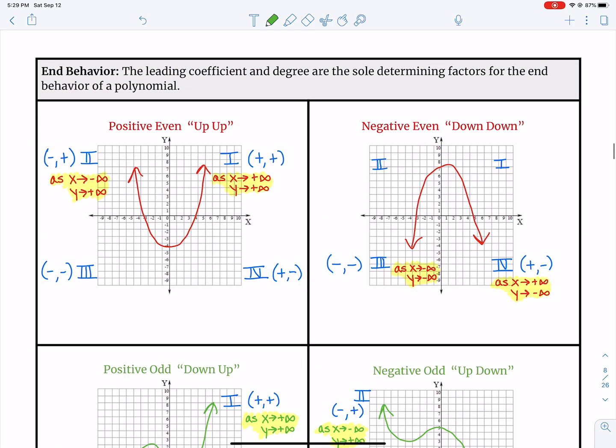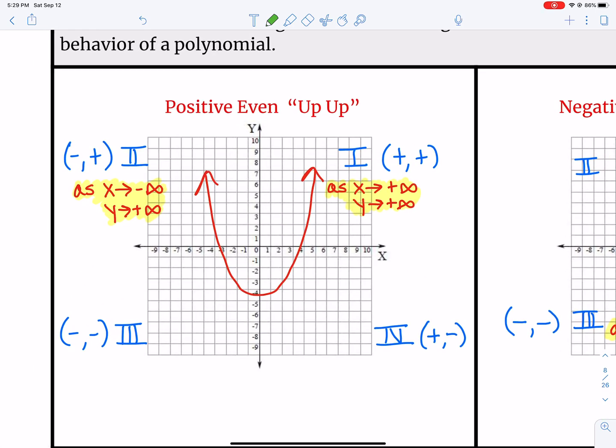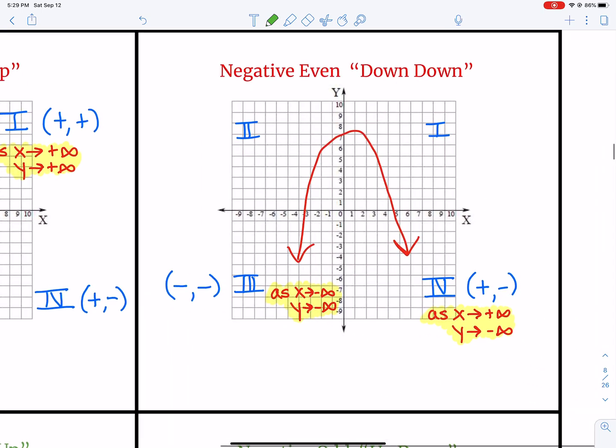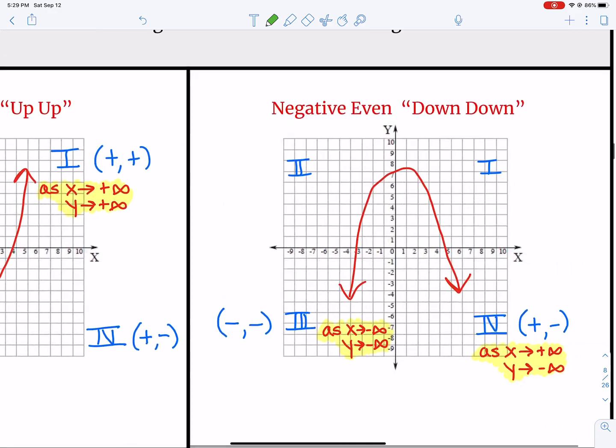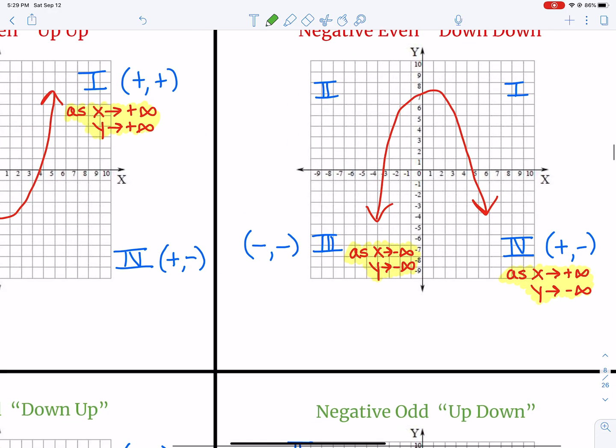Notice our even functions behave the same way on both ends. So in my first example, both ends are facing up. So visually, I know this is an even function because both ends are facing up, or both ends are facing down. So therefore, I know it's even. Notice positive, like we've talked about before, faces up, and negative faces down.